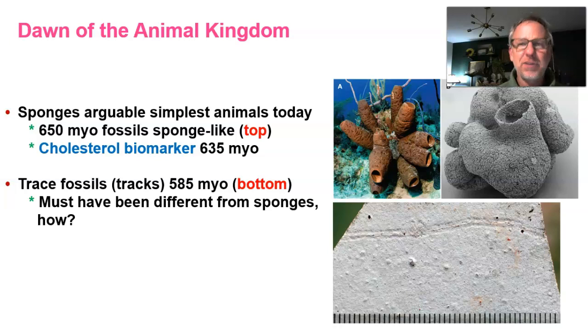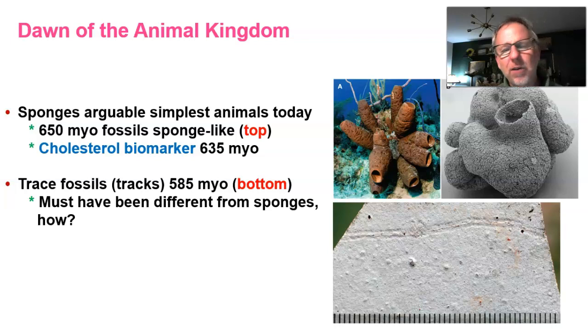Then we have trace fossils. And there are many other kinds of fossils we're leaving out of the story here that are animal-like. But trace fossils are not of the animal parts themselves, but maybe a burrow or some tracks, like little footprints. Those would be traces. Skeletons, maybe, traces.